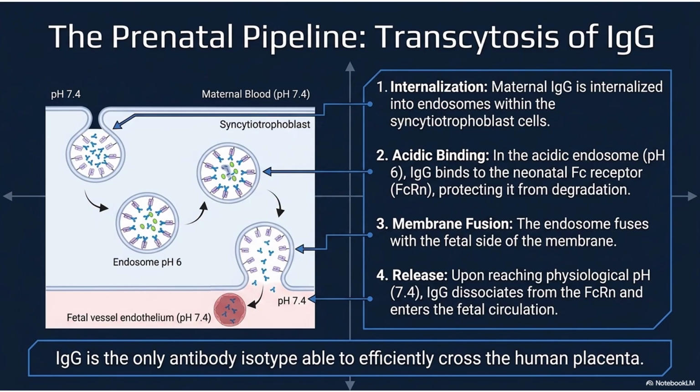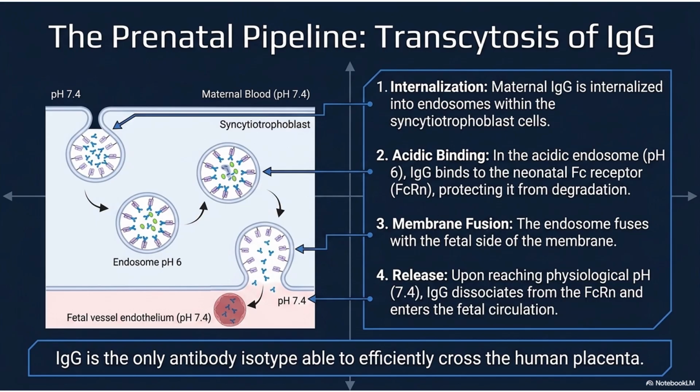It's like endocytosis and exocytosis all within one cell. So transcytosis simply means transport across a cell. So in this case, IgG is being carried from the maternal side of the placenta to the fetal side.